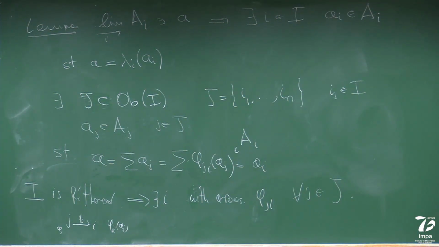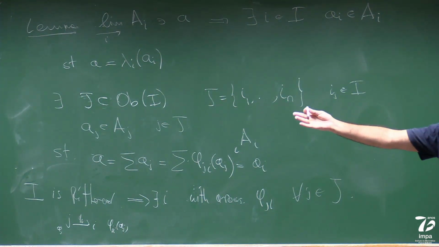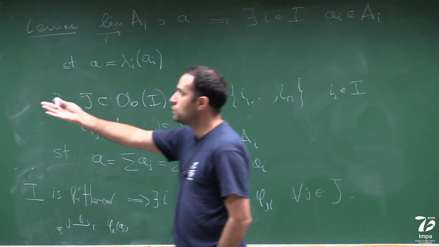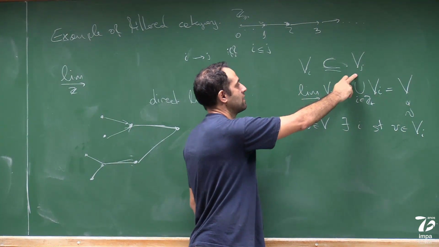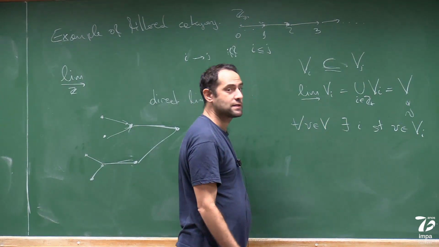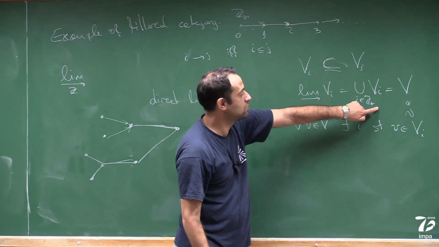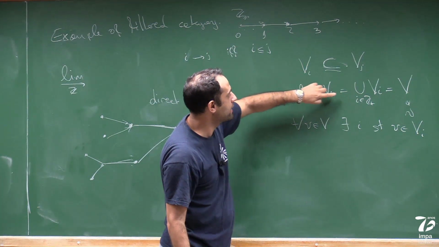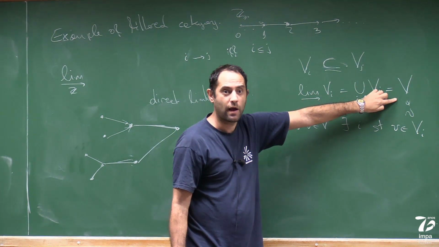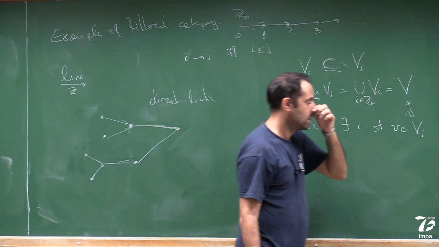But now I can ask a subtler question. In the case of vector spaces, this didn't happen. If I had this union of vector spaces V_i, each included in the next space, then the colimit was this union, and each map from V_i to V is an injection. I have no kernel. So this is something new.